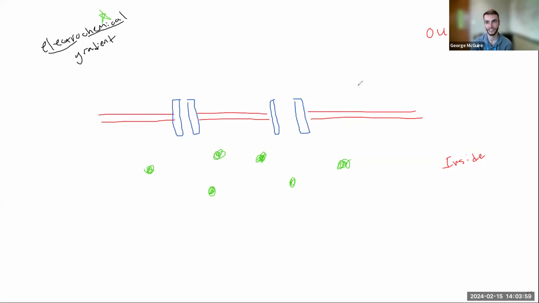In this cell, we have a high concentration inside and a low concentration outside. So the chemical portion of the electrochemical gradient drives these molecules to diffuse across the membrane until they reach equilibrium, an even amount inside and outside.